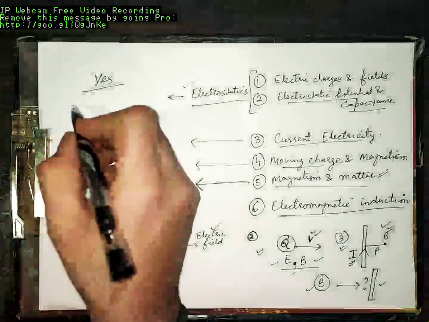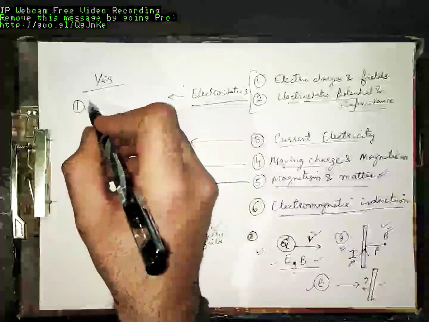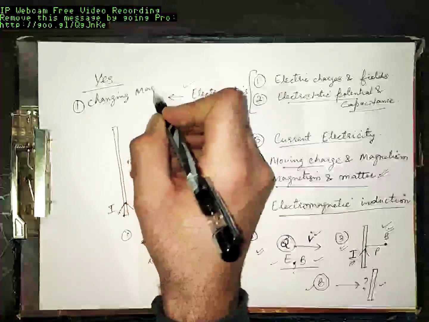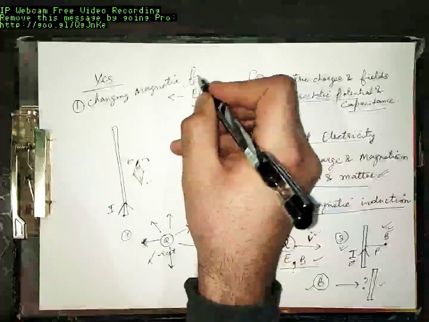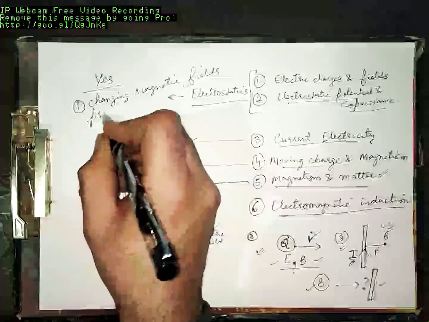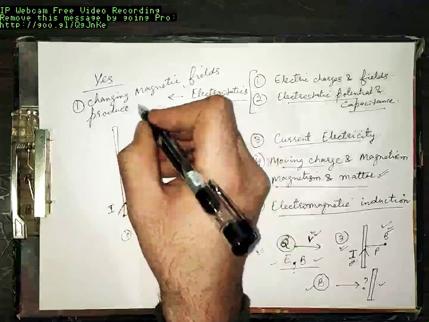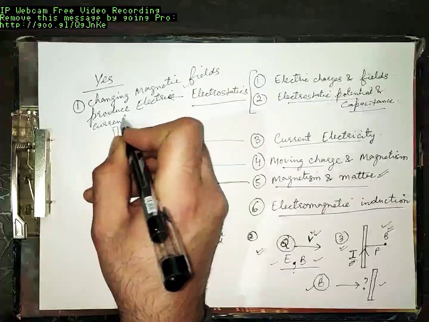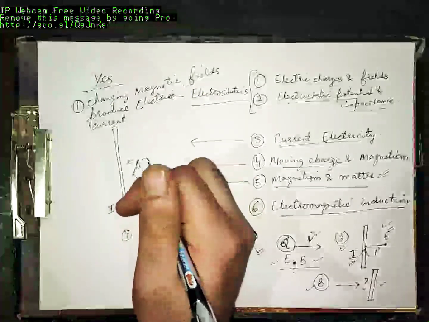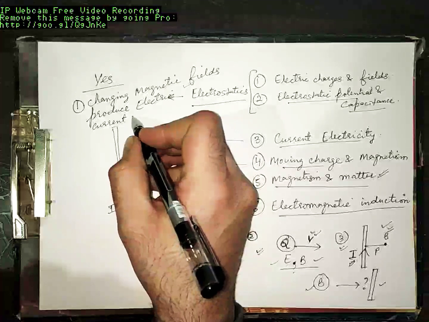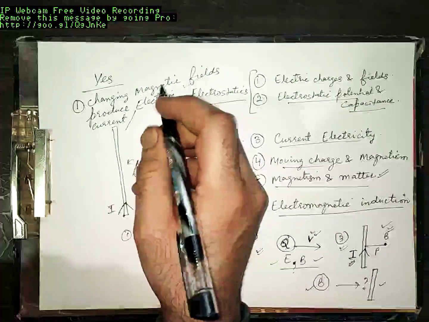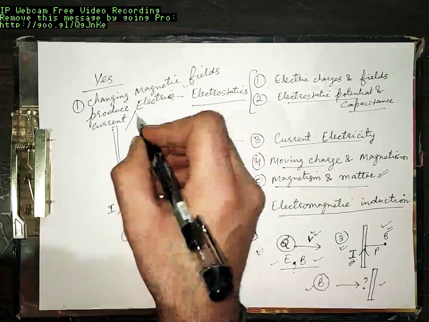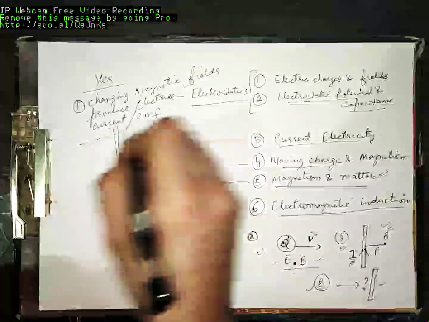The condition here is changing magnetic fields produce electric current, or to be more precise, in fact to be more general, we can say produce EMF. Fine.